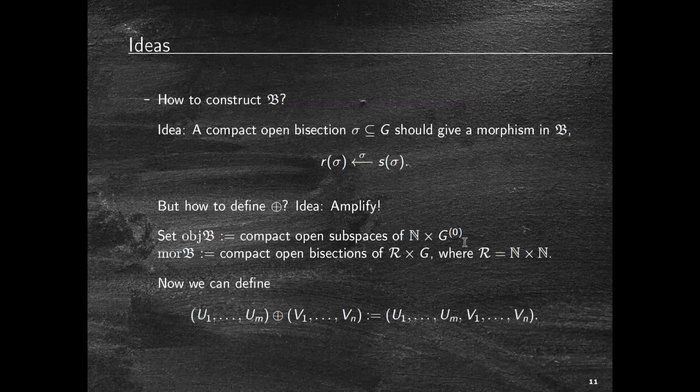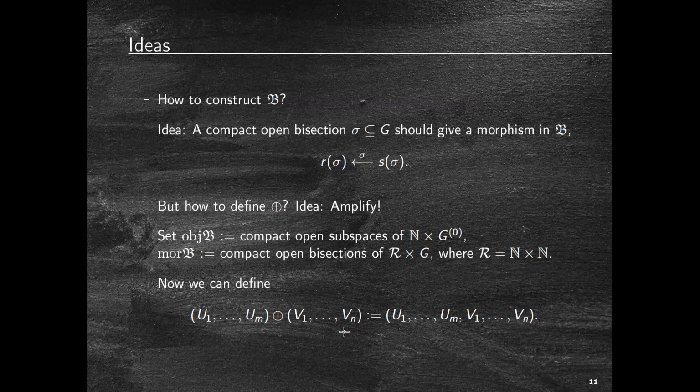Okay, and then it becomes the following. Say on the level of objects, you have a finite collection of compact open subspaces, so that would be a compact open subset here. And you have another one. So how do you form the direct sum? Well, you just write them next to each other.